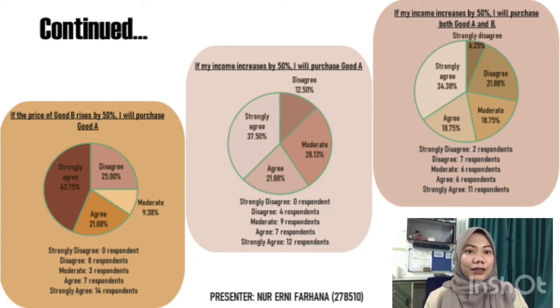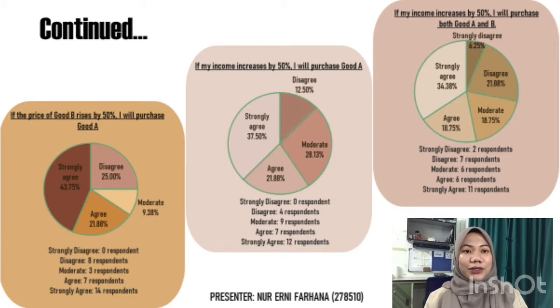The next statement is, if my income increased by 50%, I will purchase good A. There were 12 out of 32 respondents who strongly agree with this statement, which is about 37.5%.